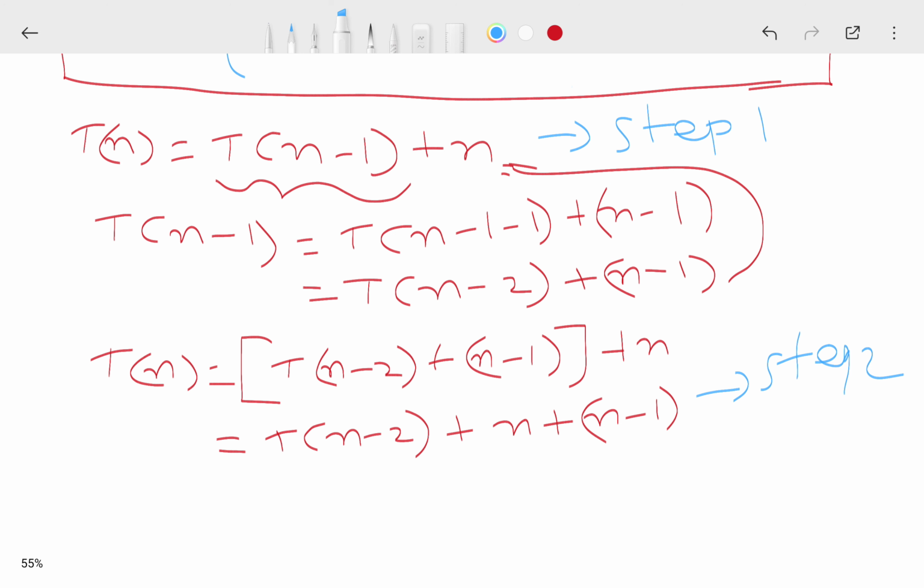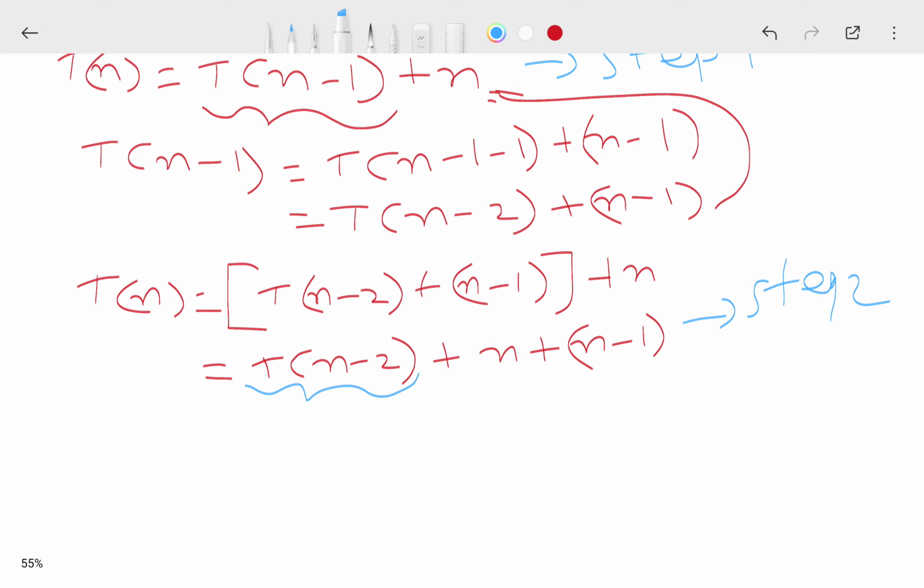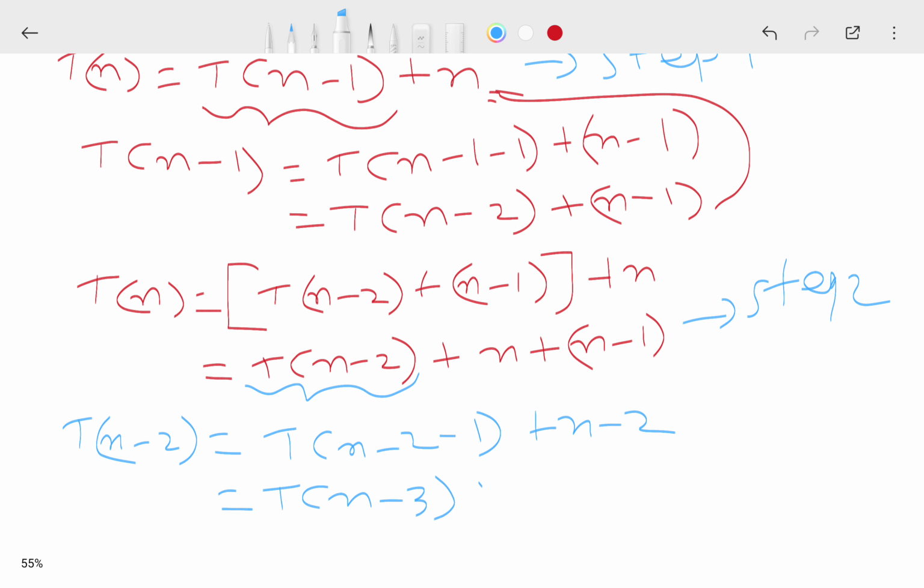In order to reduce this step 2, we need the value for T of n minus 2. From the T of n value, the T of n minus 2 can be calculated as T of n minus 2 is nothing but T of n minus 2 minus 1 plus n minus 2. So this is T of n minus 3 plus n minus 2. Substitute this here.